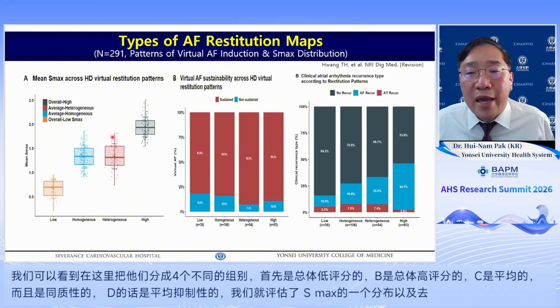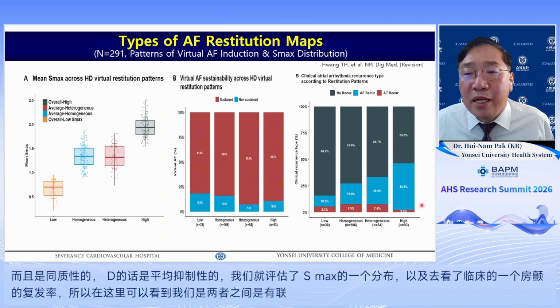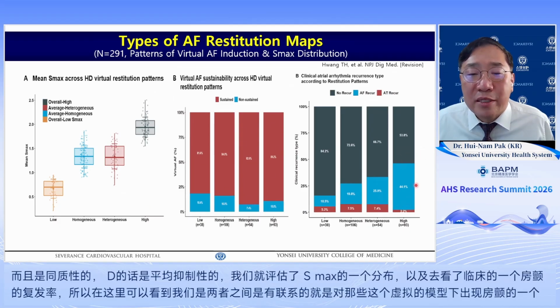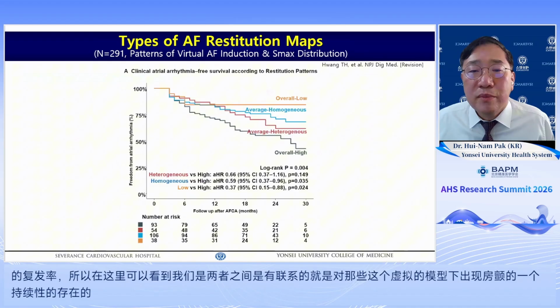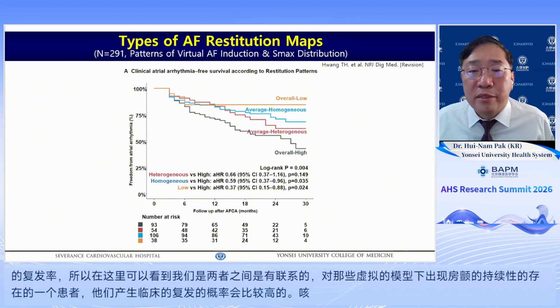And the overall high Smax group shows by far the highest virtual sustained atrial fibrillation rate. And the clinical AF recurrence rate was also significantly higher, so it mostly recurs as atrial fibrillation. This is the Kaplan-Meier curve depending on Smax clusters.